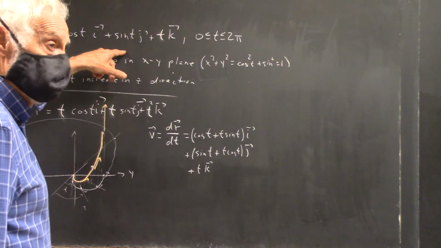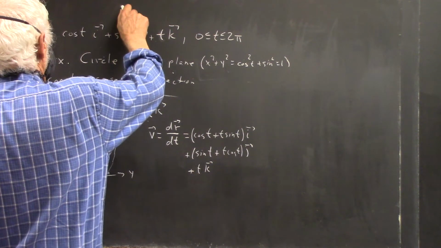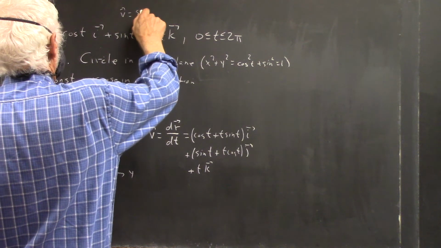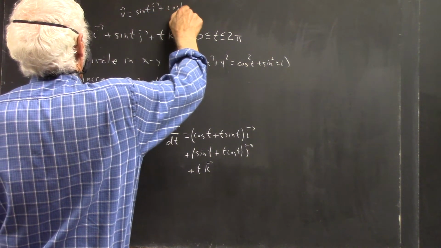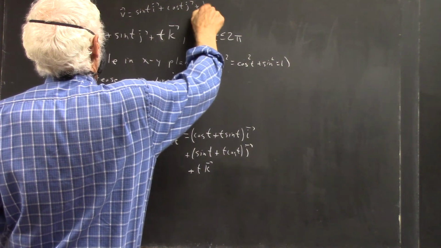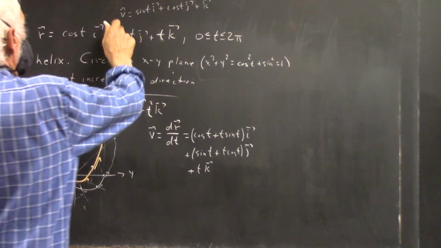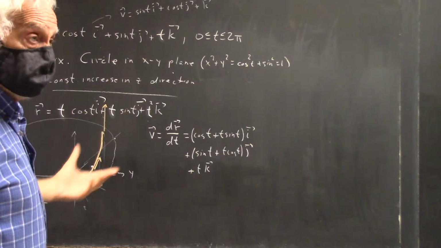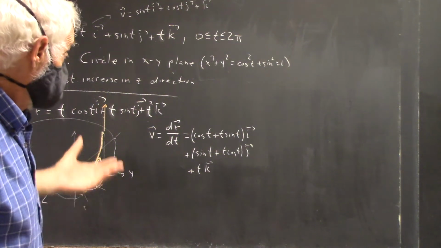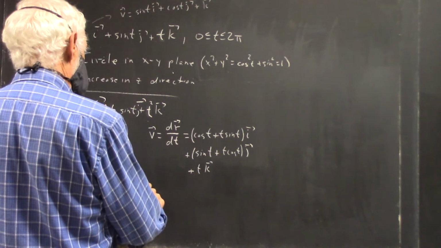Now, if we did this one, just by contrast, you'd have b equals sine t i plus cosine t j plus k, right? Just take the derivative. Okay, no big deal. Okay, what's the speed?